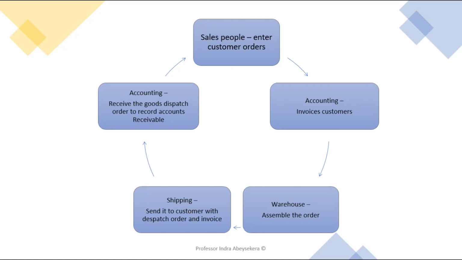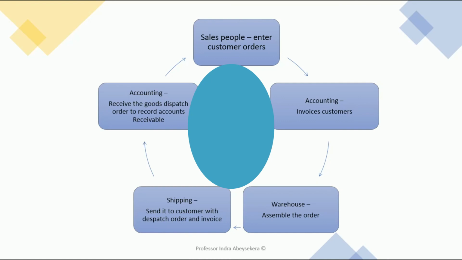So what it shows is that the information in relation to the sales event is now in various places in the organization. The facts relating to the sales event are in various functional areas.